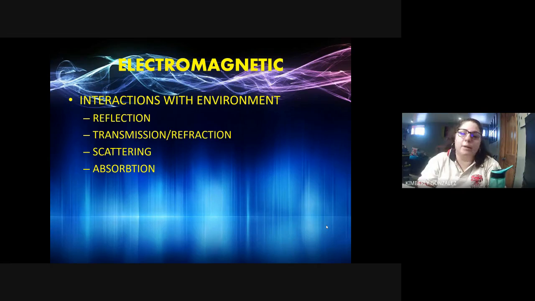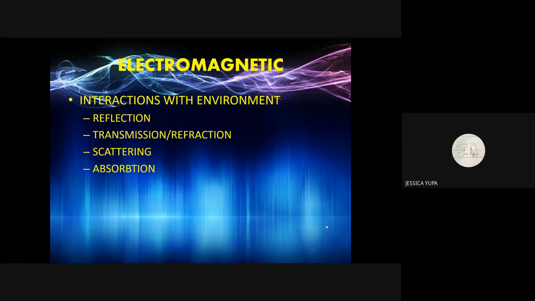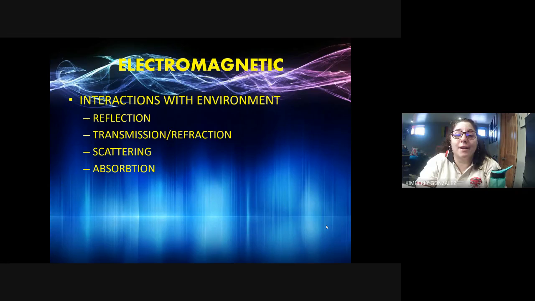Scattering. The best way to explain scattering is, have you ever heard the expression, you're like cockroaches when the light goes on? You know why? What happens to cockroaches when you turn on the light? They run away and they get scared. They run in every possible direction.